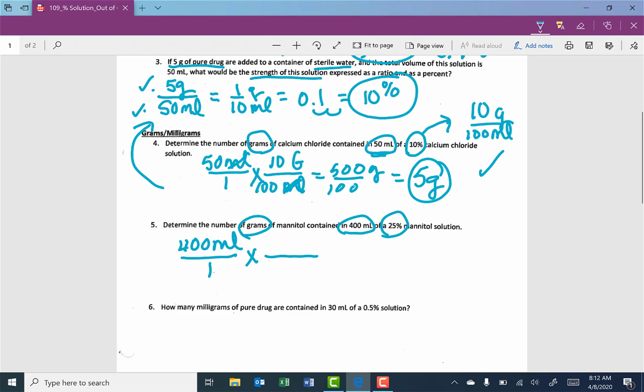Well, a 25% solution, we know right away that's 25 grams over 100 milliliters, because that's the definition of percent solution. So milliliters here, grams here, we have 25 over 100, notice our milliliters cancel, we're left with grams, which is what we wanted.